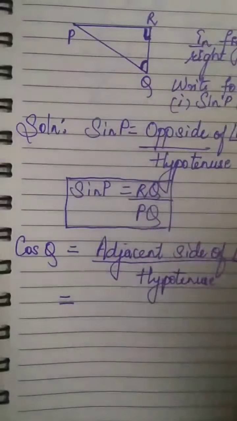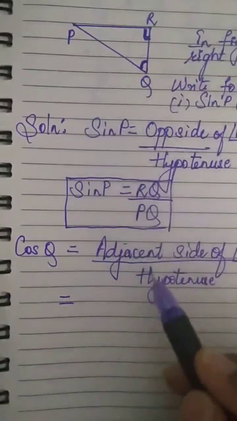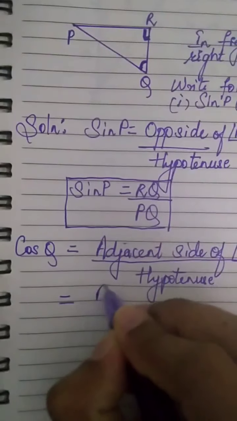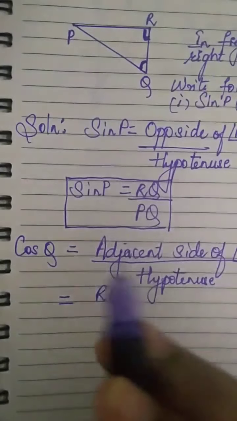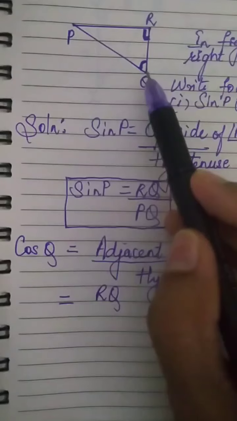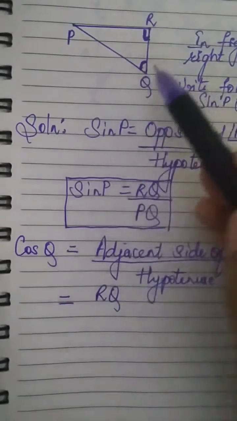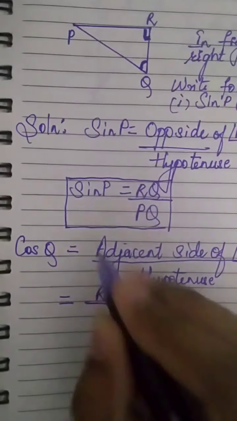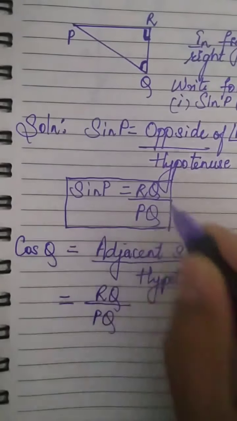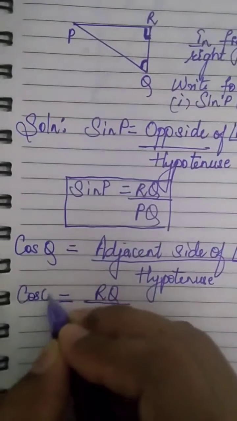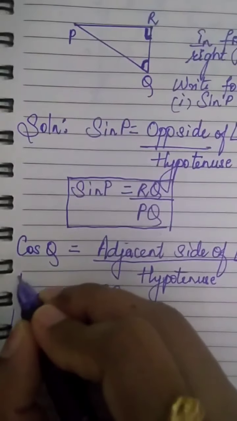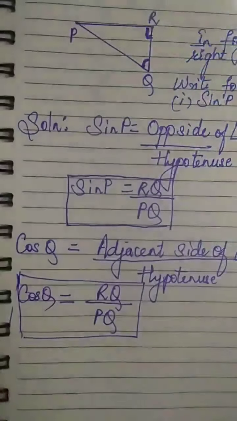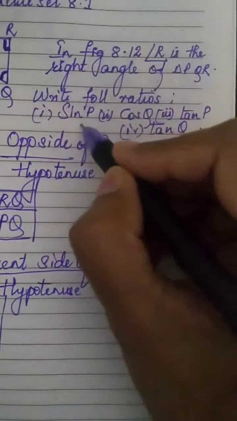Hypotenuse you will not take as the adjacent side. So the adjacent side is RQ. Understanding, no, children? First you will see where is angle Q. Angle Q is here. Its adjacent side is RQ upon hypotenuse PQ. Hypotenuse will remain the same. So we got cos Q as RQ upon PQ. Put it in a box.